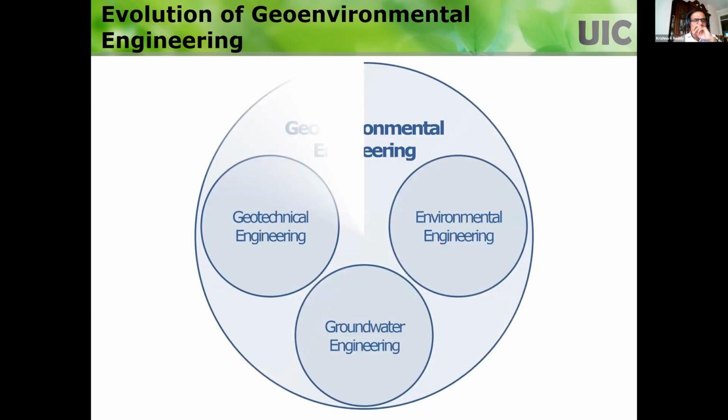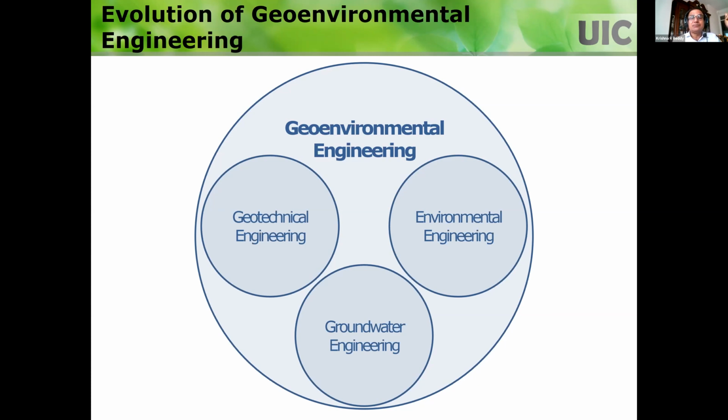So people said, okay, not intersecting knowledge, but you need to have a holistic view of geotechnical engineering, environmental engineering, and groundwater engineering. So geoenvironmental engineering is a broad field where relevant information from geotechnical, environmental, and groundwater engineering is needed.